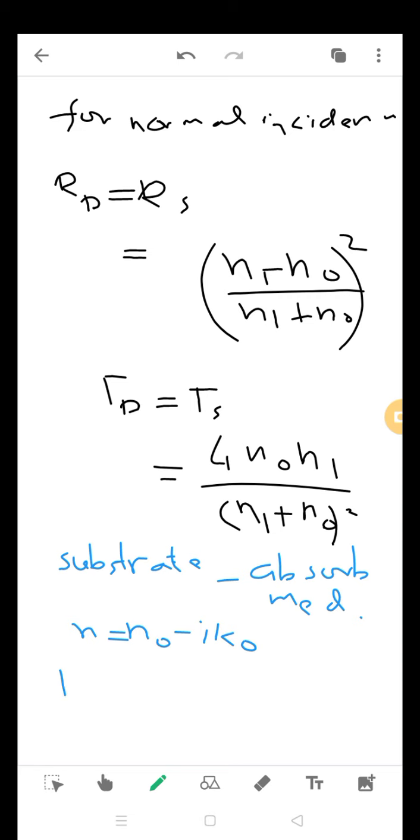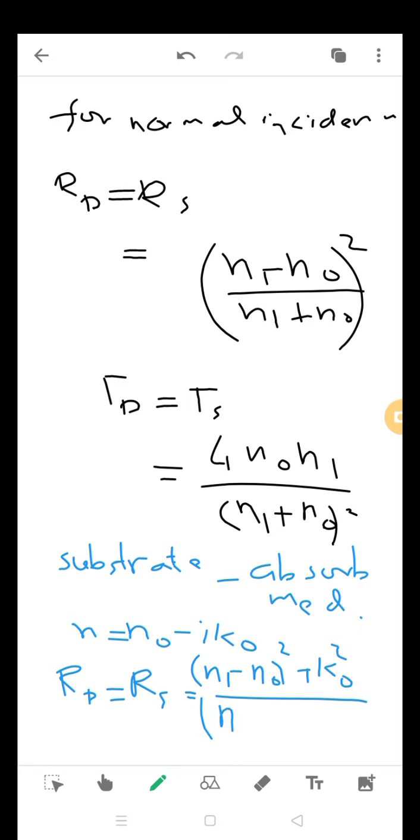So in this case Rp will be equal to Rs, with a little change: n1 minus n0 whole square plus k0 square, divided by n1 plus n0 whole square plus k0 square. This is the expression.